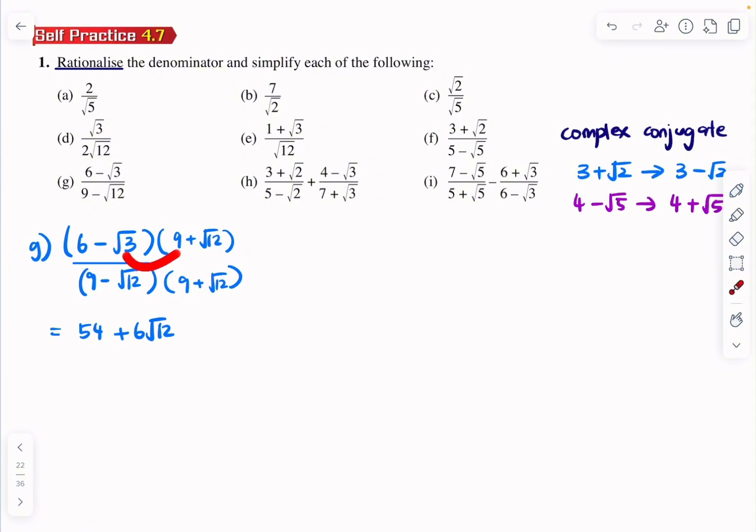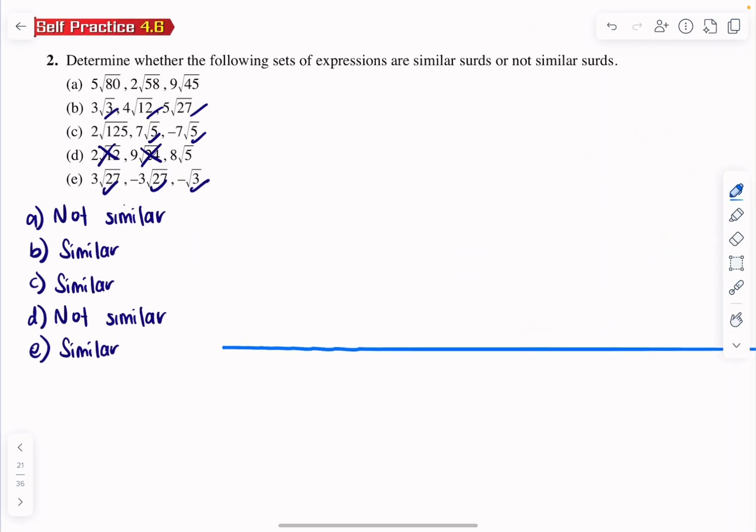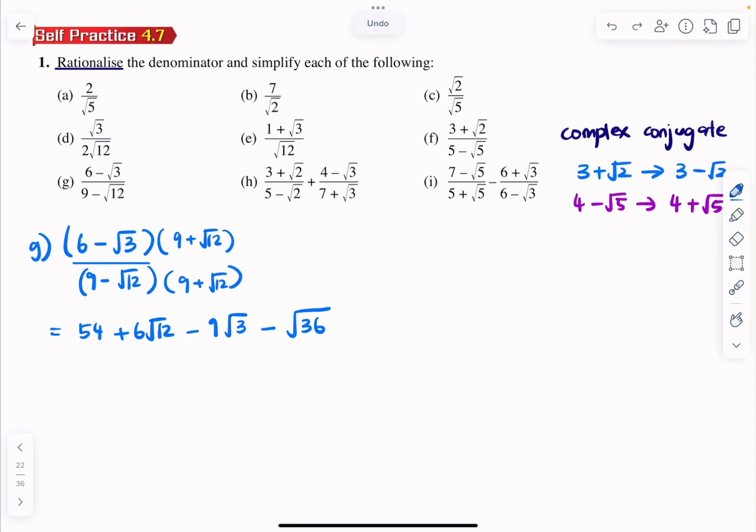Negative 9√3. √3 times √12 is √36. 3 times 12, 36.